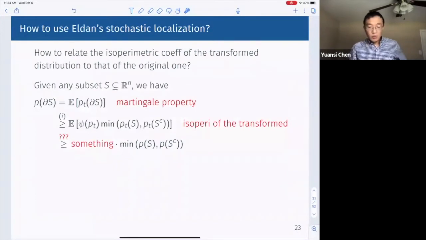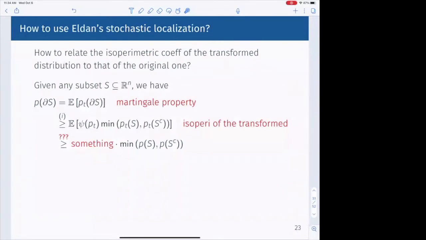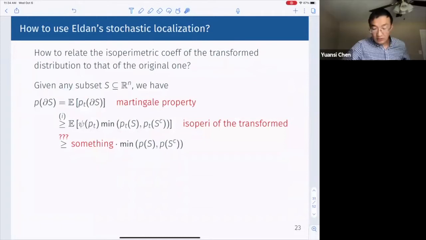Okay, so how do we use this fancy kind of transformation, Eldan's stochastic localization, to prove an isoperimetric inequality? The question is that we can transform the density, but how do we relate the isoperimetric coefficient of the transformed version to the original one?